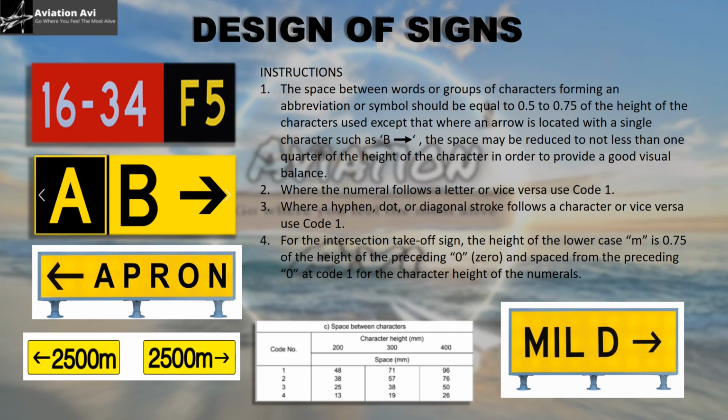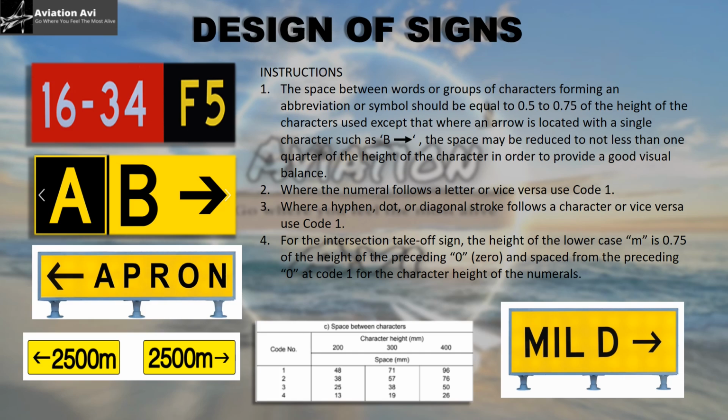So what basically it means is the character height of this m representing meters is 3/4 of the height of the preceding 0, which means for a code 3 or 4 runway, we know that this character height is 300 millimeter. The height of m should be 3/4 of 300 millimeters, that is 225 millimeter. The spacing between 0 and m we found out using code 1. Again, we know that the character height is 300 millimeters, so the space should be 71 millimeters.